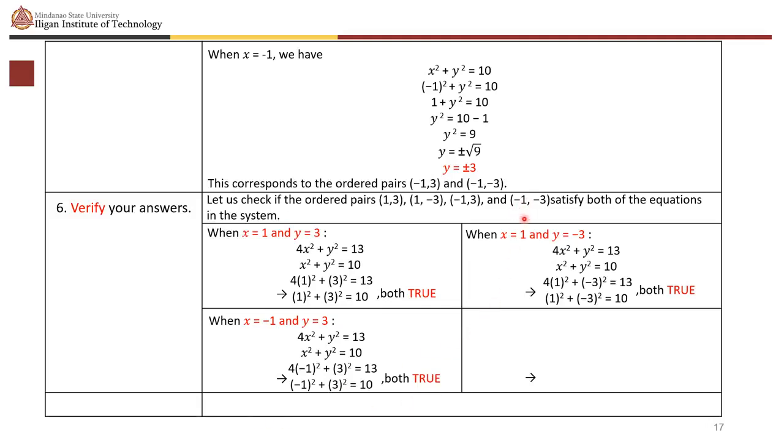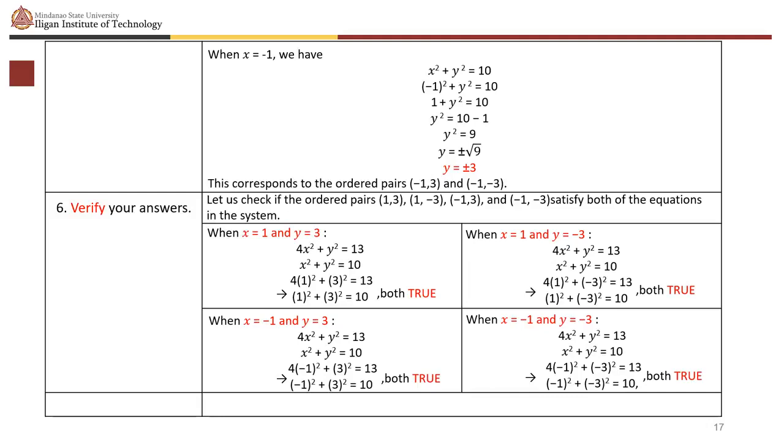And lastly, when x equal to negative 1 and y is equal to negative 3, we verify, we come up with the following solution, which is verified to be true also.